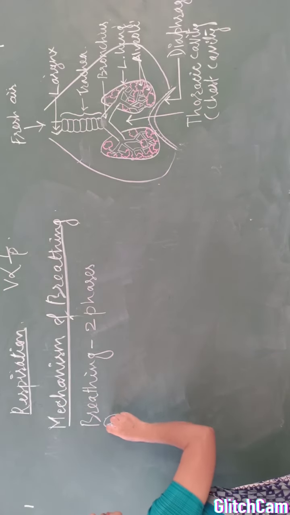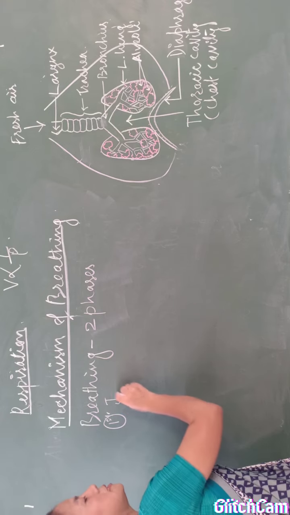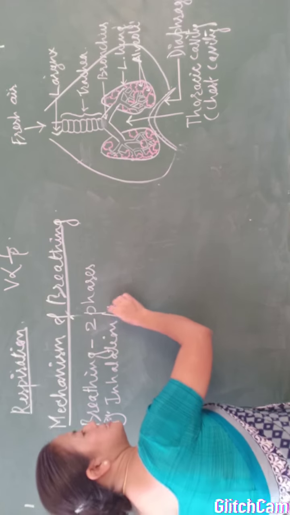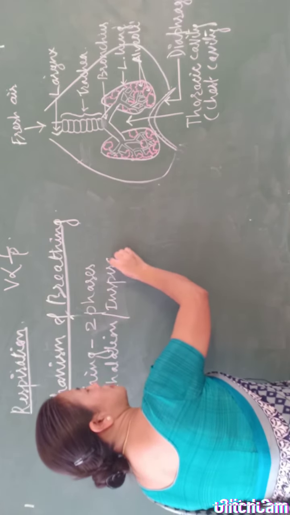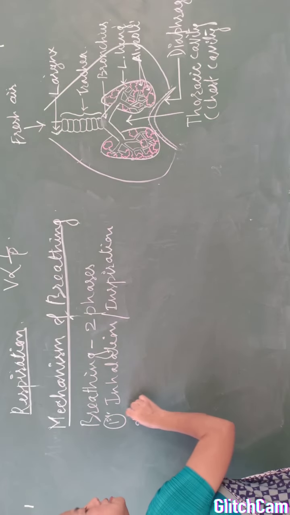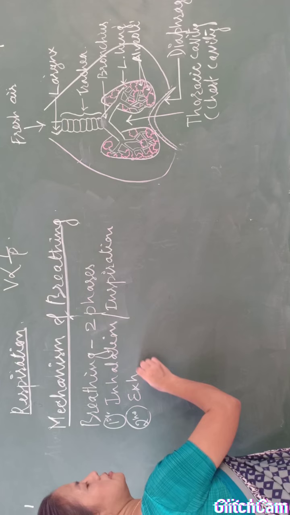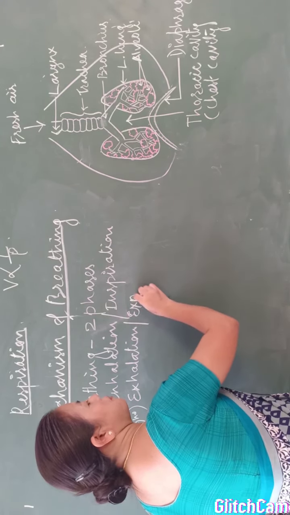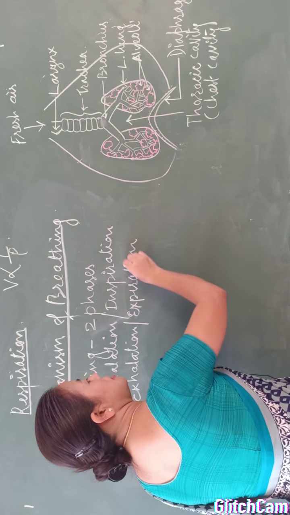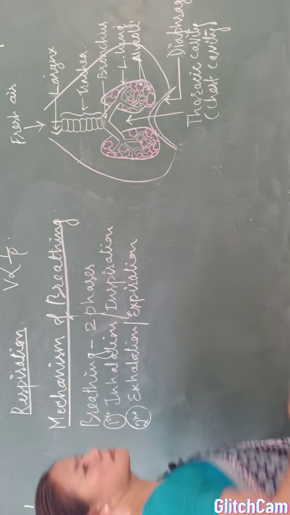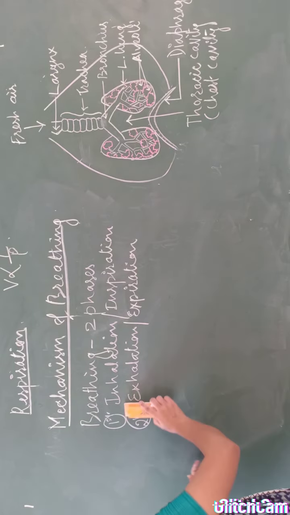The first phase is called inhalation, which is also called inspiration, and the second phase is called exhalation or expiration. Okay? Now, we will talk about inhalation first, how inhalation operates.